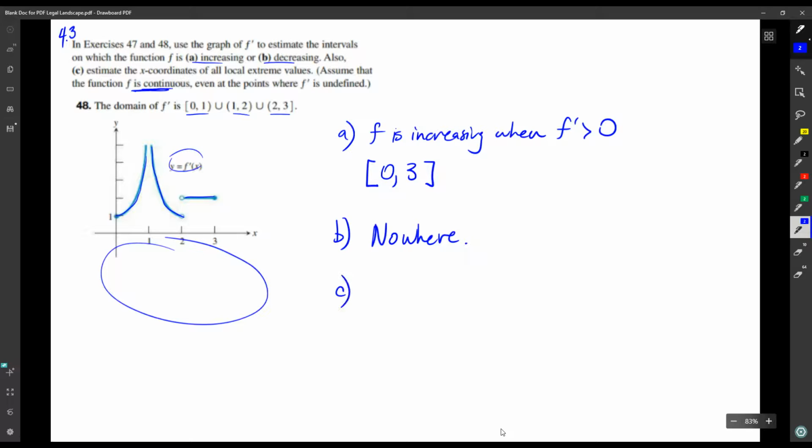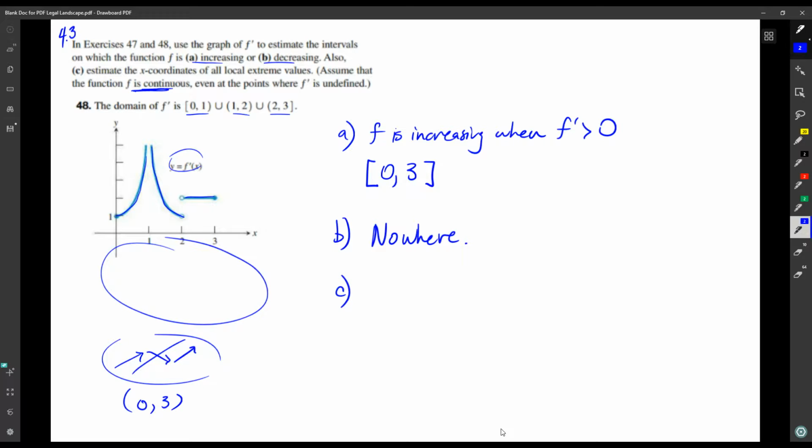And finally, part C, estimate the x-coordinates of any local extreme values. Well, there are no local minimums or maximums inside 0 to 3 because we never have any point where f changes from increasing to decreasing or decreasing to increasing. That doesn't happen in 0 to 3. So that leaves just the endpoints.